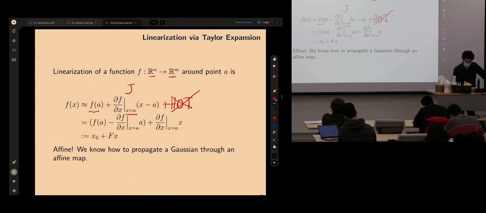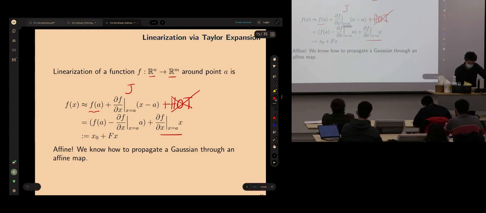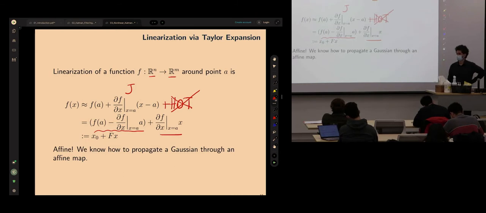Now, you rearrange this by keeping the variable x, and just keep everything that is not variable. Ultimately, this will give you some vector, x0. x0 is not variable.